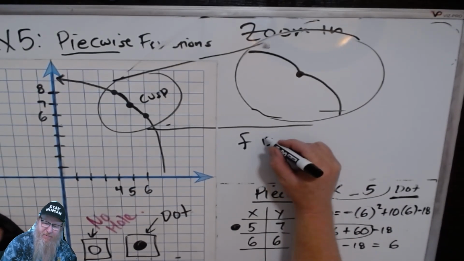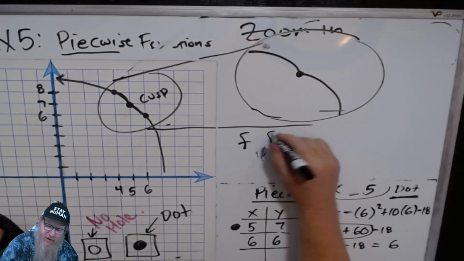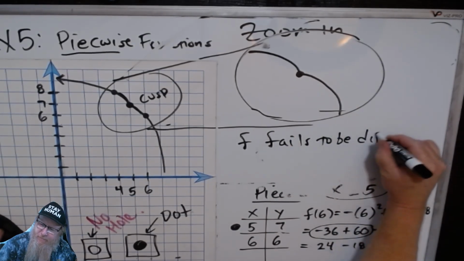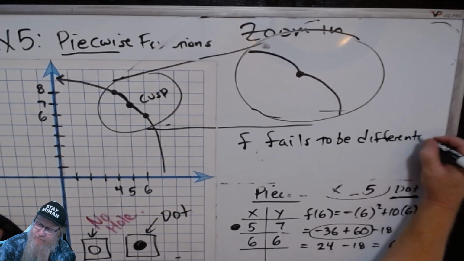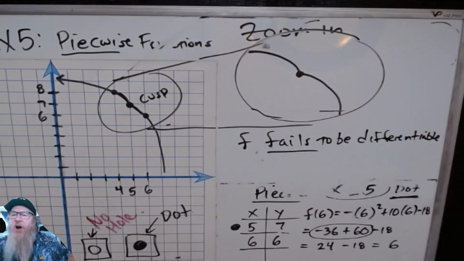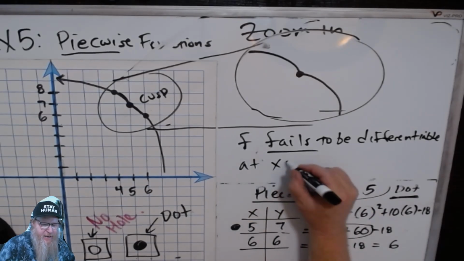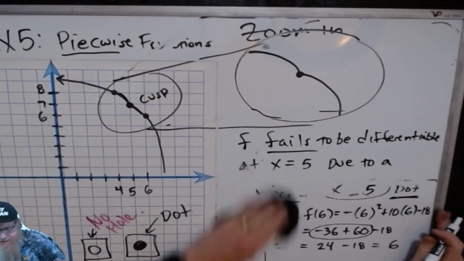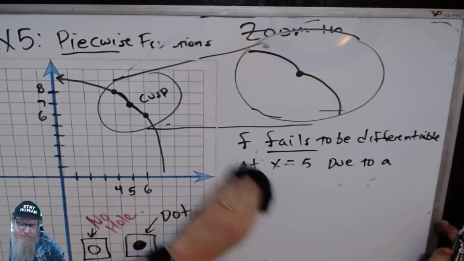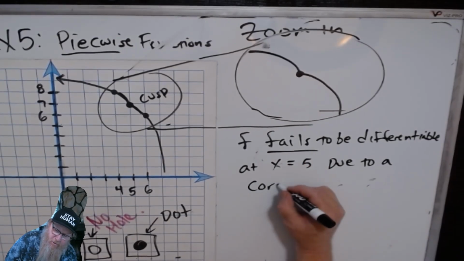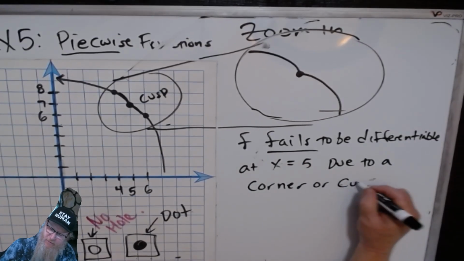So f fails to be differentiable, or you could say is non-differentiable, at x equals 5 due to a corner or cusp.